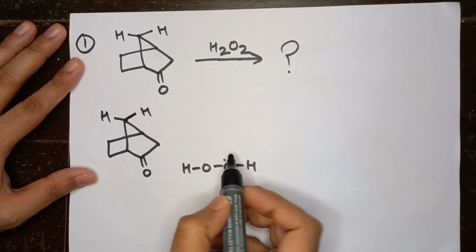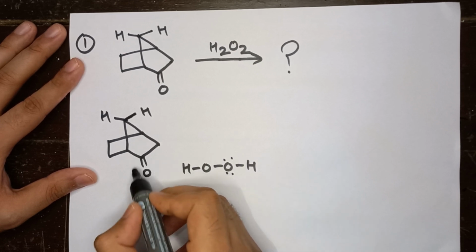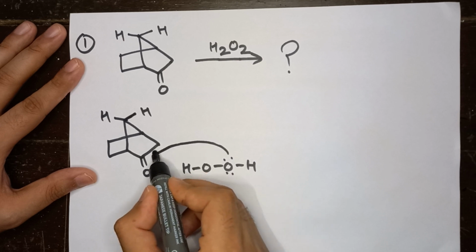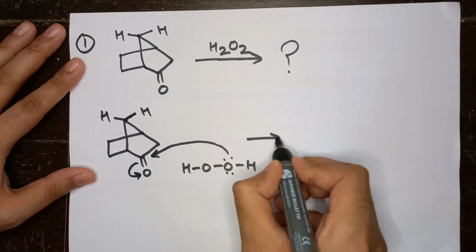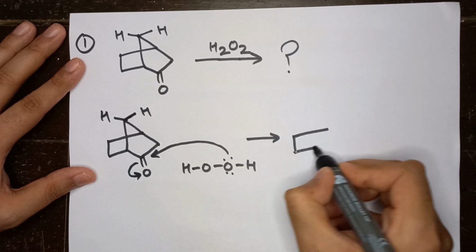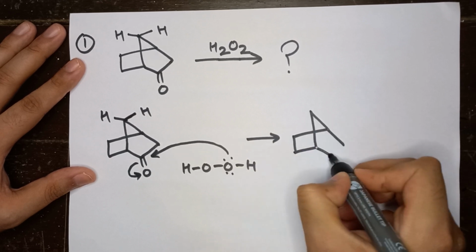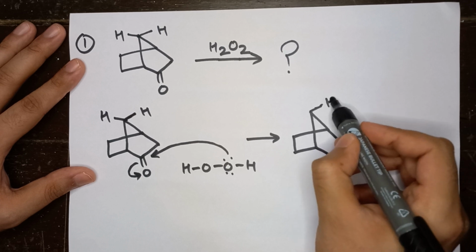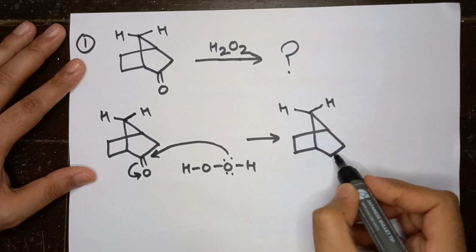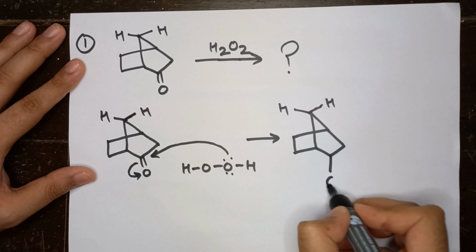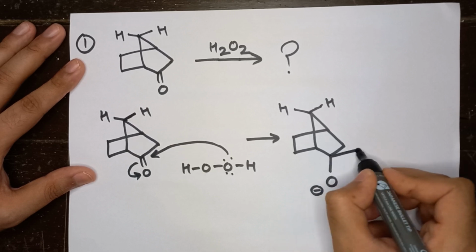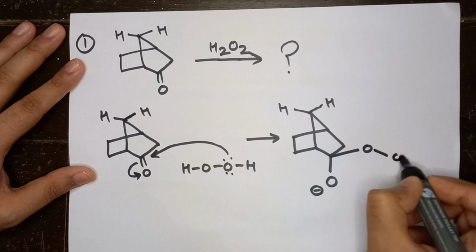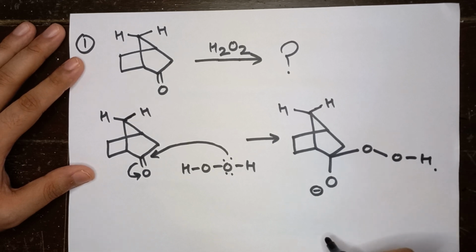So this oxygen will comfortably attack this planar carbonyl group from above the plane, breaking this bond. So we have two hydrogens, we have O minus below the plane, and we have this oxygen above the plane in this particular system.